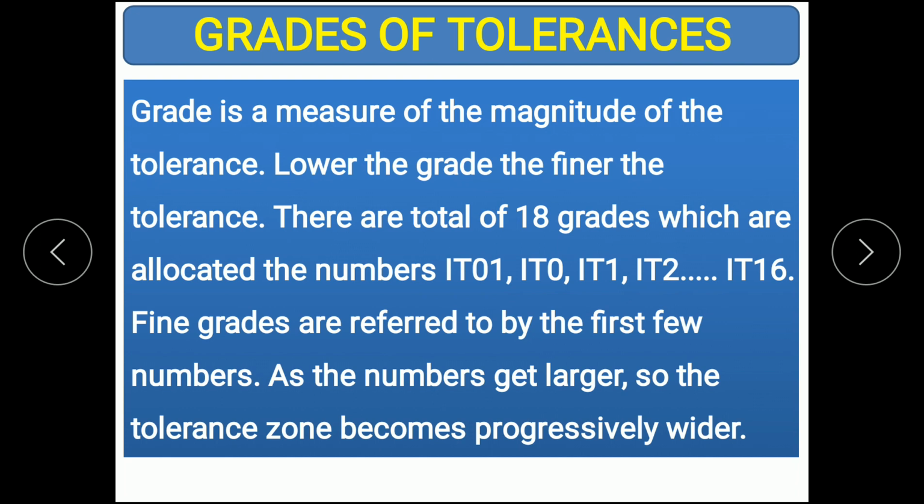Fine grades are referred to by the first few numbers. As the number gets larger, the tolerance zone becomes progressively wider. So every tolerance value, IT1 indicates a particular value of tolerance, IT0 indicates a particular value of tolerance. These values are denoted by some symbols, so they are called tolerance grades.